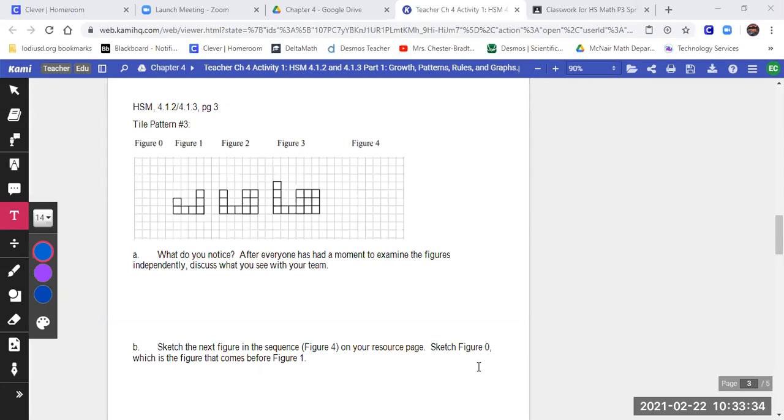Okay. So I typed it out in the chat so you all know and understand what's going to be happening. Okay, any questions? Any questions? Okay.